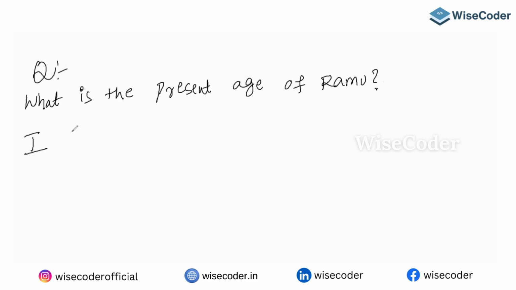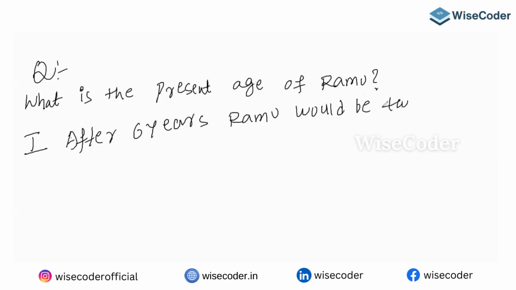What is statement 1? After 6 years, Ramu would be twice his present age, not his parents' age.